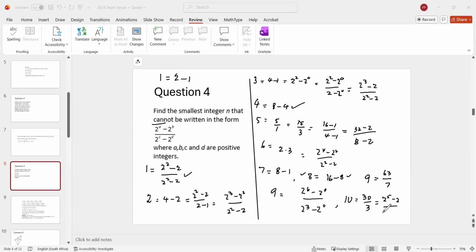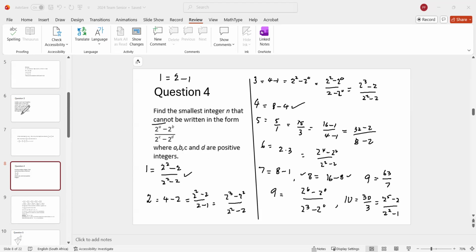And this is 2 squared minus 1, right? So you write it in such a way that its distance from a power of 2 is again a power of 2. And then you just multiply the numerator and denominator by 2, and you will get 10 as well.